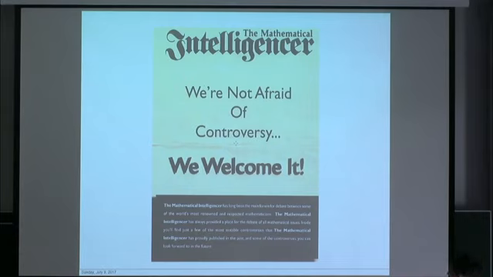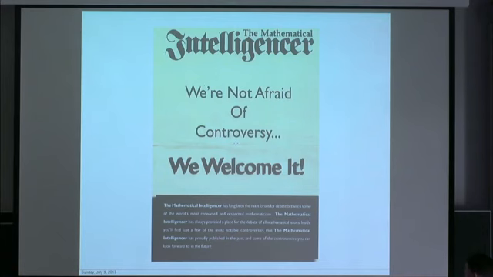That was in 1994, and about the same time, the Mathematical Intelligencer started running this advertisement. They made a brochure saying, we're not afraid of controversy, we welcome it. If some of you know Chandler Davis, who was then the chief editor, he's very well qualified to make the claim that we're not afraid of controversy.